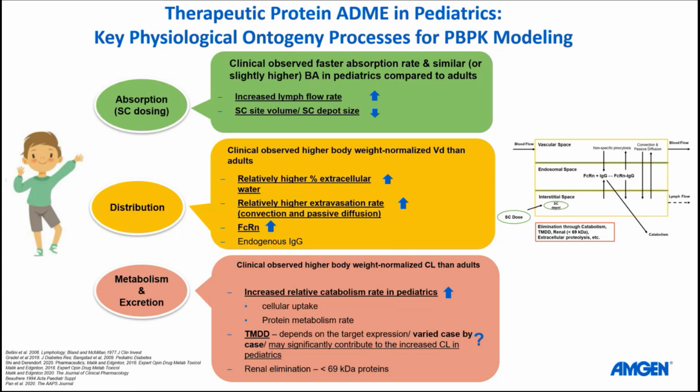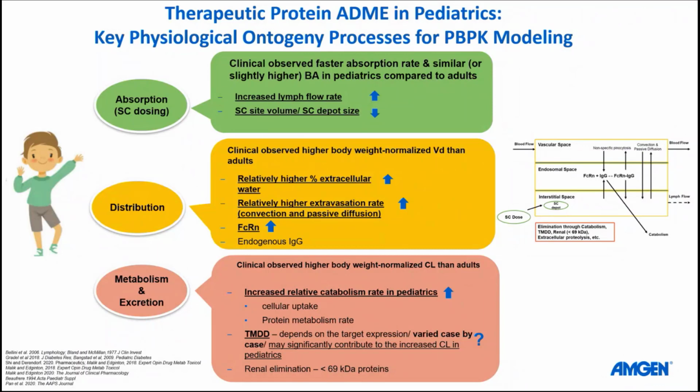For general therapeutic proteins, for absorption, clinically, we have observed relatively faster absorption rates and similar, or for some therapeutic proteins even slightly higher, bioavailability in pediatrics compared to adults. In terms of the physiological changes that contribute to this, we have considered increased body weight normalized lymph flow rate.